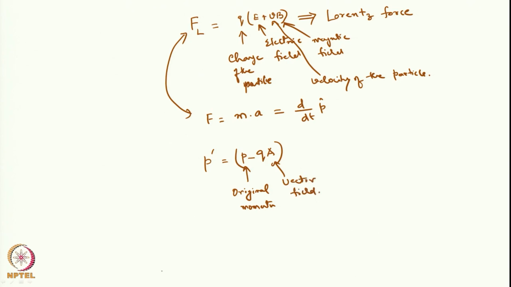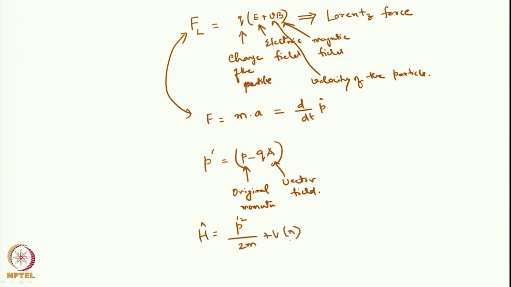Having done this, we cast the total Hamiltonian H as p prime square by 2m plus V of x.